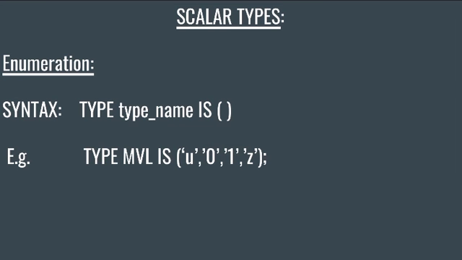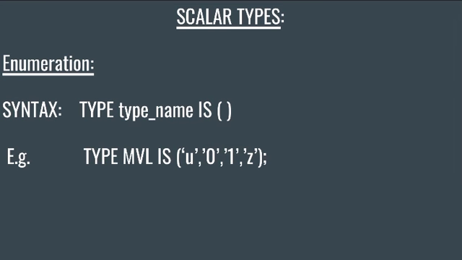In that, first we have enumeration. This type declaration defines a type that has a set of user defined values consisting of identifiers and character literals also. The syntax is type, type_name, is, and then the block of values.